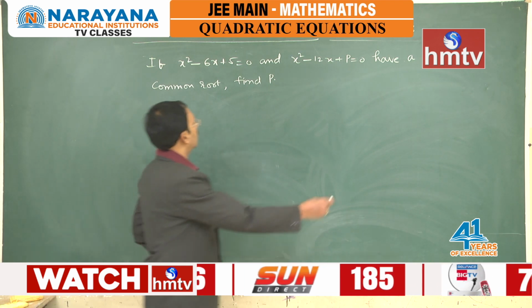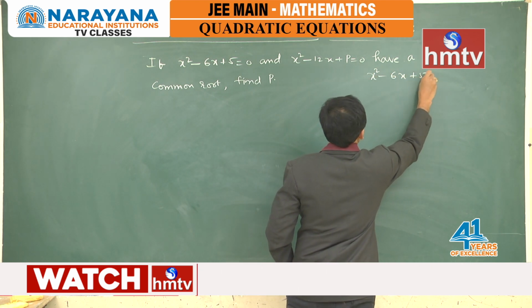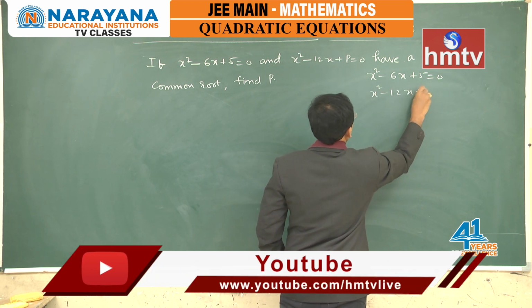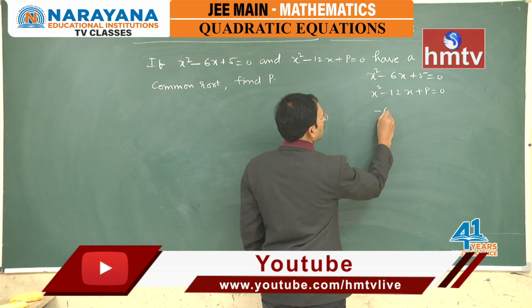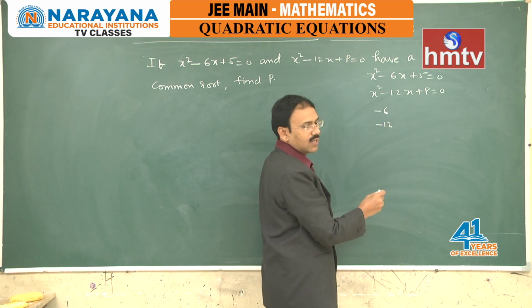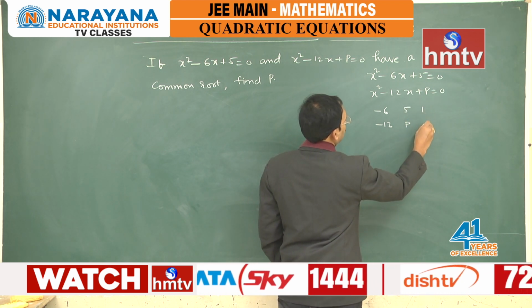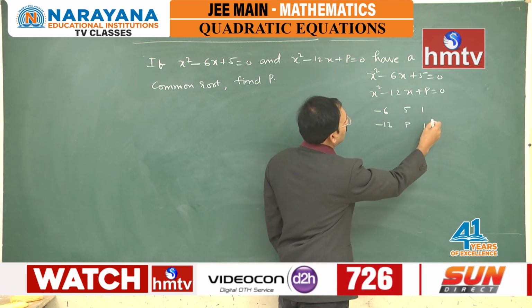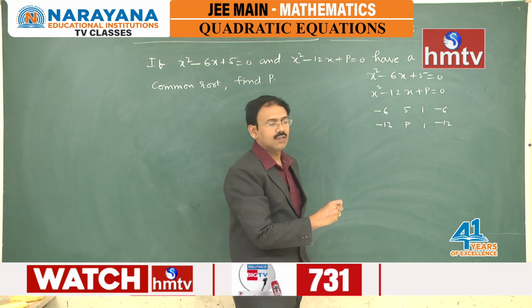For that, you consider the equations x square minus 6x plus 5 equal to 0 and x square minus 12x plus p equal to 0. First the x coefficients, minus 6 and minus 12, then the constants 5 and p, then the x square coefficients 1 and 1.